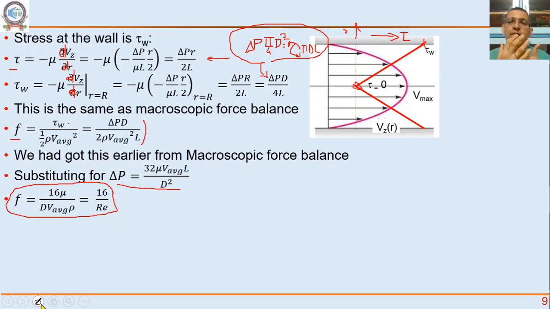That's the importance, that's the applicability of Navier-Stokes equation. If I give you Navier-Stokes equation, if you can integrate, you can get all the things that you want: forces, friction factor, flow rates, relationship between the average flow rate and the maximum flow rate, you name it. Overall macroscopic force balance, all that has come from Navier-Stokes equation.